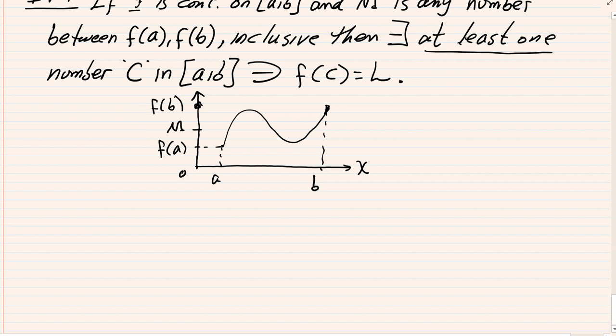We are guaranteed, no matter what number you pick between f at a and f at b, there's going to be at least one value along the x-axis where f at that number is m. So this would be my c1, c2, and c3. And this is where b is. That's what the intermediate value theorem tells us.